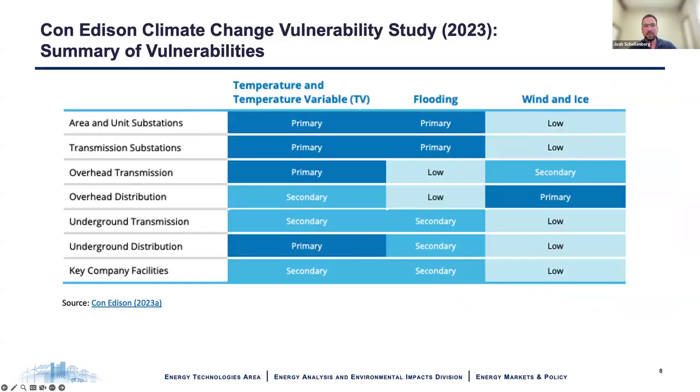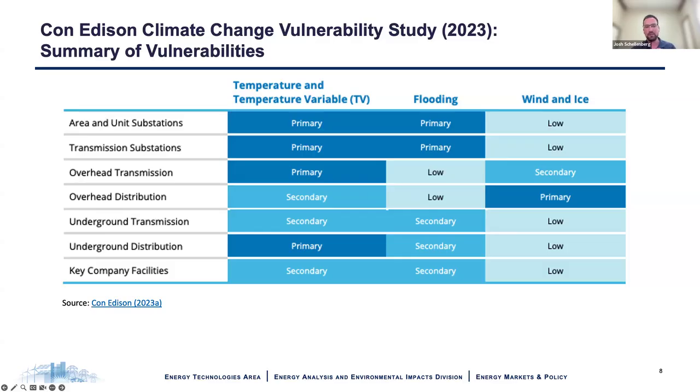And then, here's some examples that dive into the results of these types of analyses. And so you can see here along the left is all of the different asset areas for the utility. And then you can see the main extreme weather hazards that the utility focused on as part of their vulnerability assessment. And you can see that in this matrix, each asset area and each extreme weather hazard are rated in terms of being a primary vulnerability, a secondary vulnerability, or a low vulnerability.